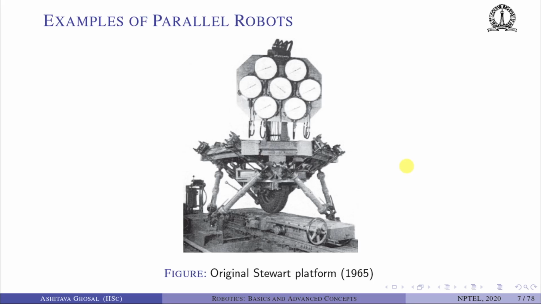The original Stewart platform was a 6 degree of freedom parallel robot, okay, and it was invented in 1965 by this person called Stewart, okay, and it consists of a prismatic joint or a sliding joint in each one of these legs.